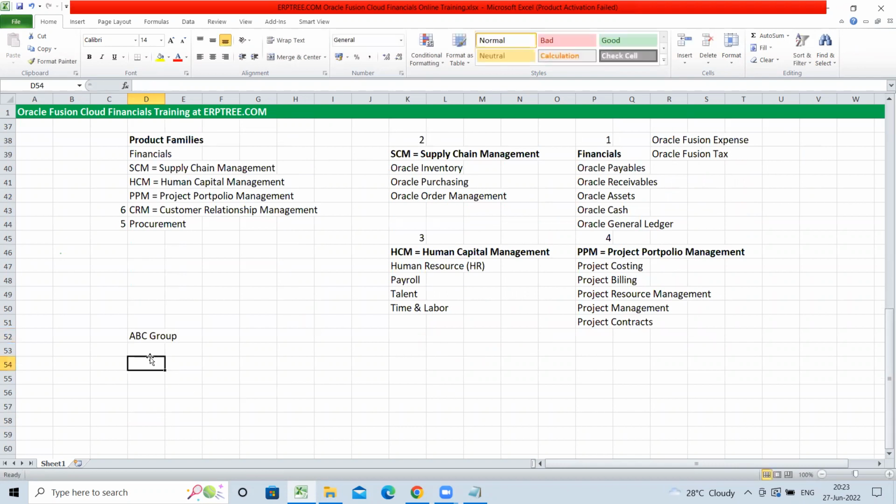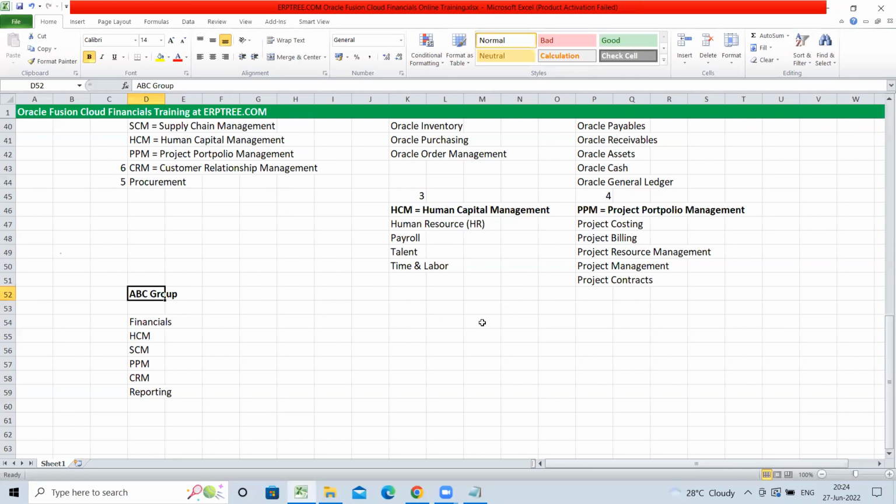They want to implement financials applications, HCM applications, SCM applications, PPM applications, CRM applications, and they are looking for some reporting solution.